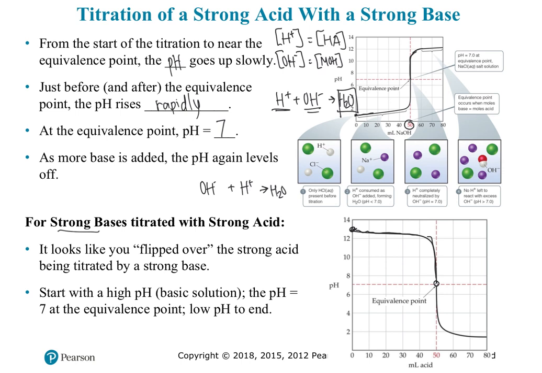So you see this really big range where you just kind of drop pH: a big pH range, but a really short amount of volume. And then after I keep adding, I now have an acidic solution, so I'm going to be at a low pH. These ones are nice because they're pretty straightforward.